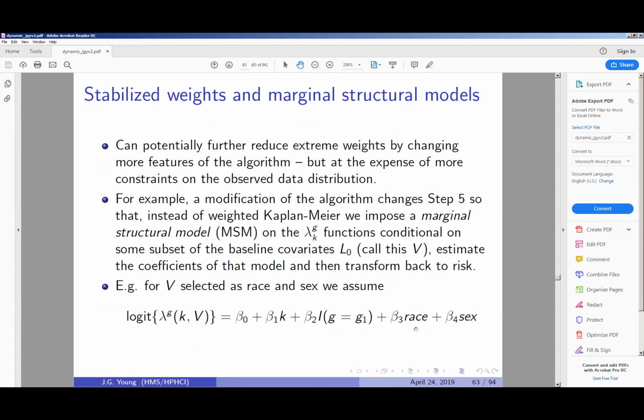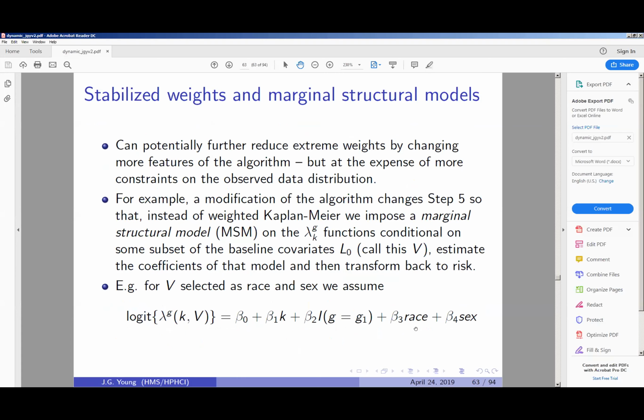So now we can take it a step further. We've now already talked about 2 variations on IPW. We can consider even more to get better stabilization of the weights. But this solution is going to require more model assumptions.